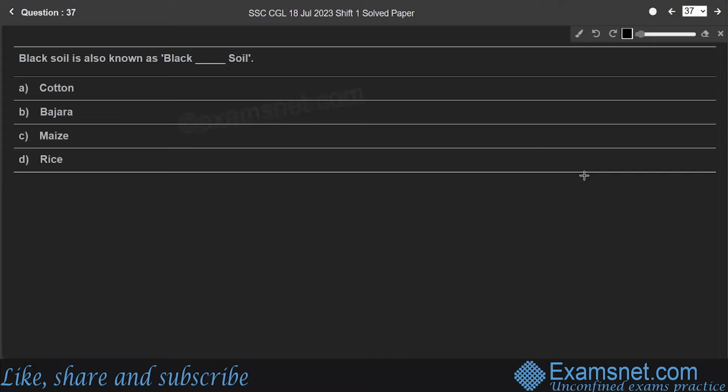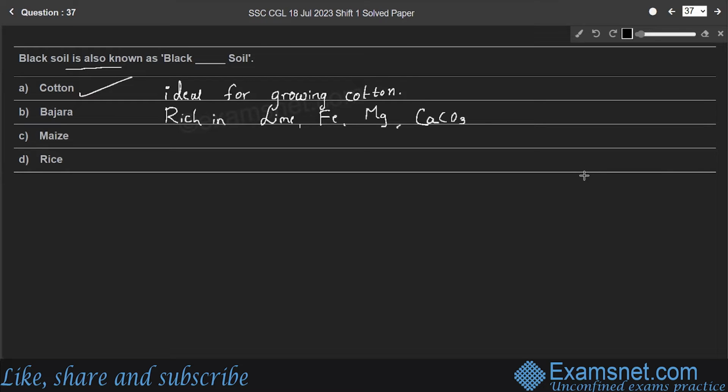Question 37. Black soil is also known as black cotton soil, because black soil is ideal for growing cotton. This soil is rich in lime, iron, magnesium, calcium carbonate, and potash.